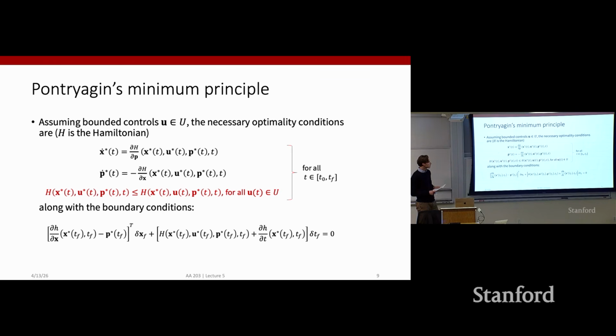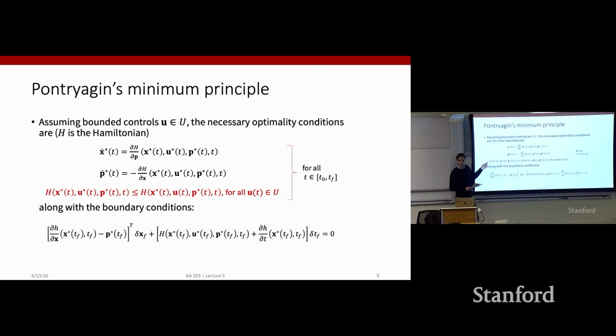So in general, remember that these are a set of conditions for any candidate triplet of states, controls, and co-states. The first two are differential equations.